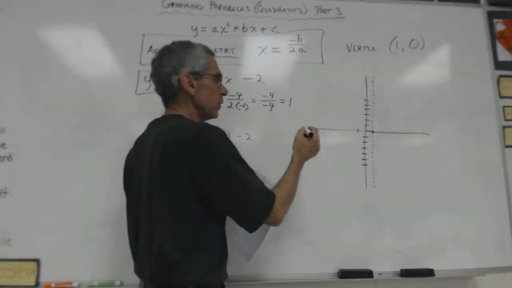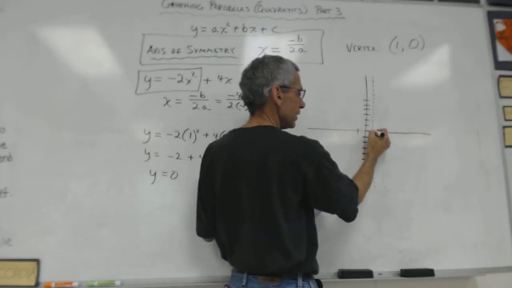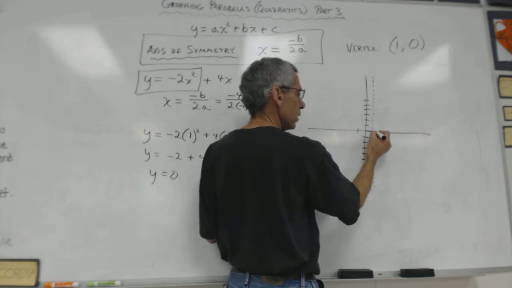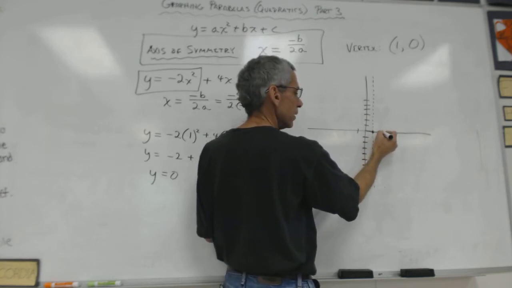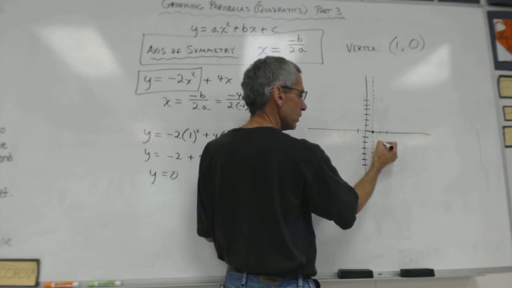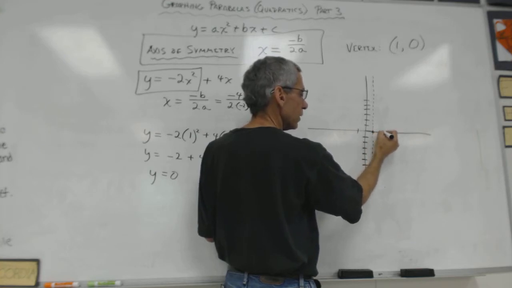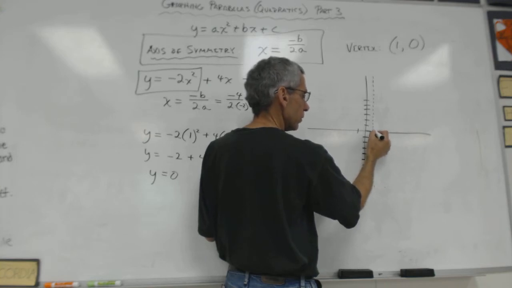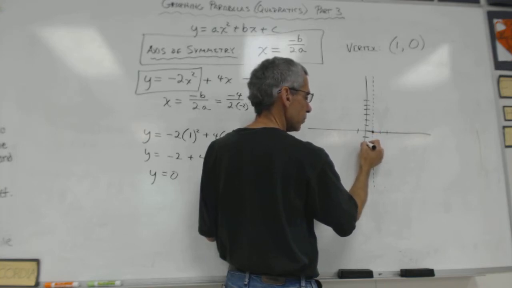Which means I'm going to start at my vertex, pretend that that is my origin, and I'm going to go, hang on, let me just draw my line. Okay. I'm going to do over 1, down 1 times 2, which is down 4. Or over 1, down 1, twice, right? I'll go over here, do the same thing, down twice, boom.